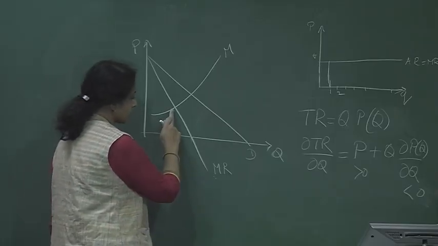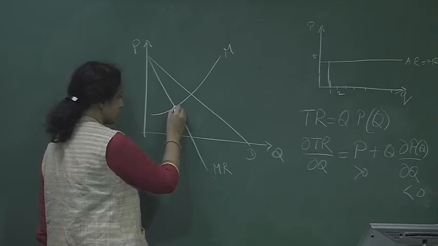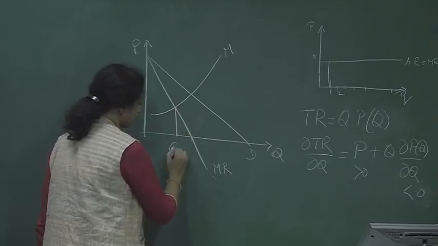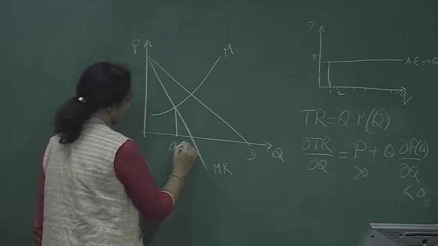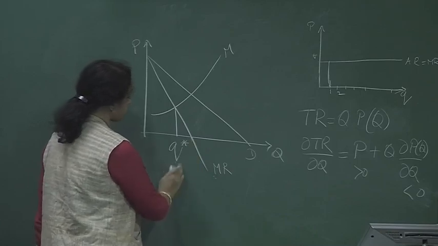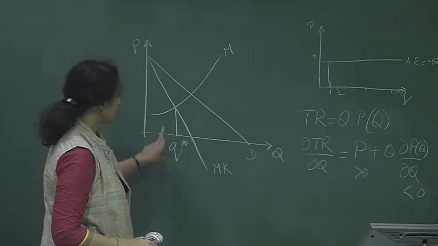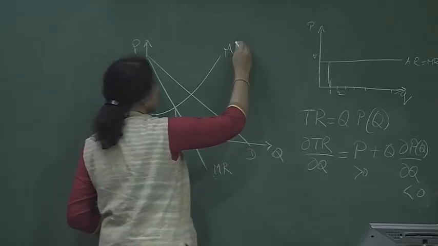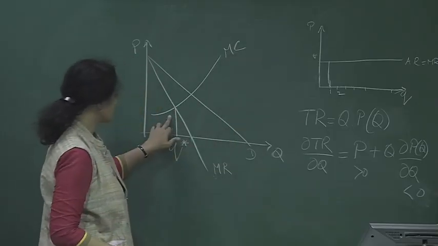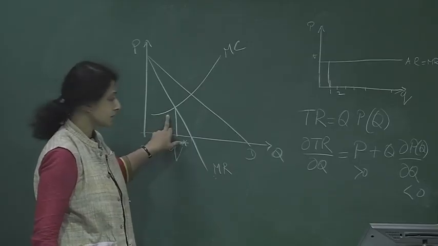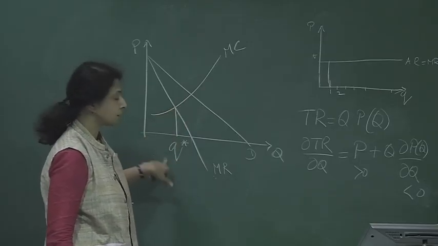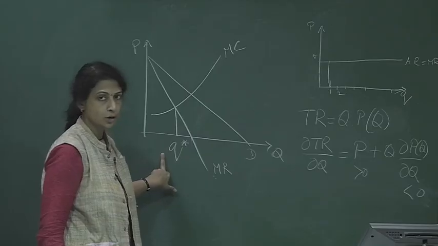The intersection of marginal revenue and marginal cost gives us the profit maximizing level of output. So, MR is equal to MC. This intersection of MR and MC is where the monopolist is going to choose his output level.